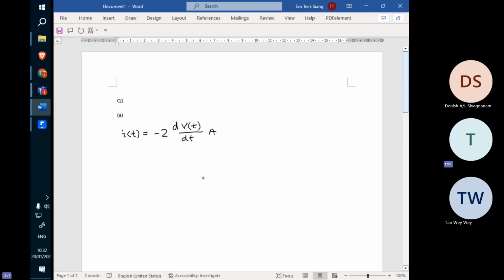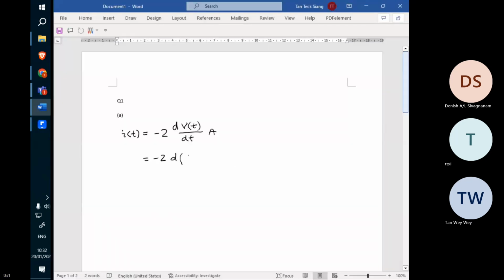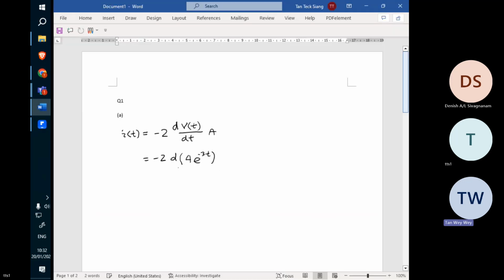So what you can do is: i equals -2 times d of the differential of this term, 4 e to the -3t. When you differentiate this term, you will get something with more detail instead of this term. Now you have something here, and you need to do the differential.